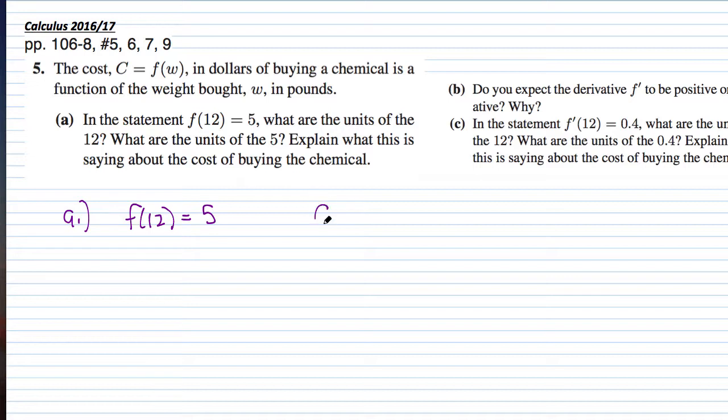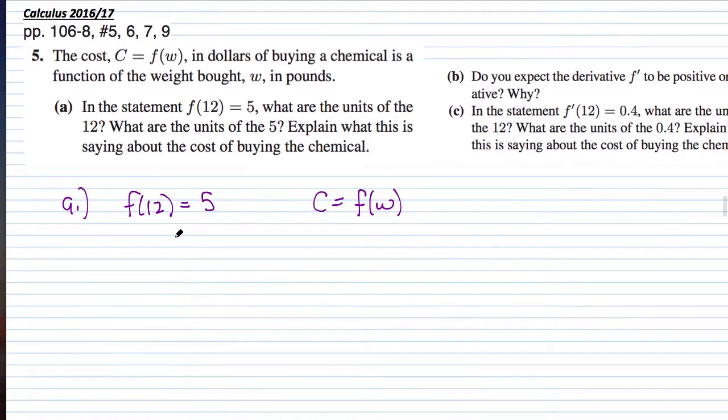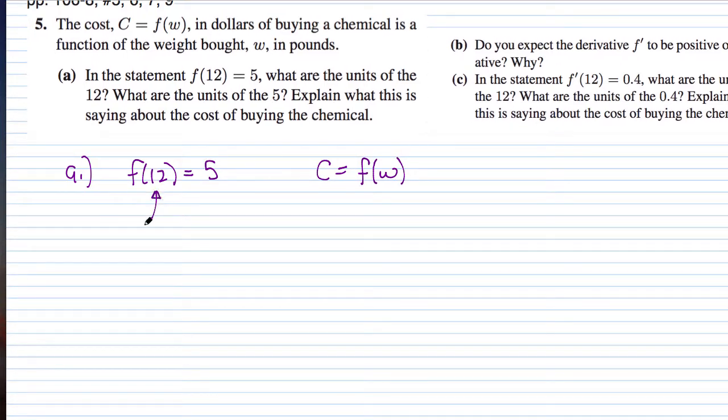We know that cost is defined as a function in terms of w, which is weight. So our weight is the argument of our function. So this is the 12, which means that our units are going to be pounds. So the units of the 12 are pounds.